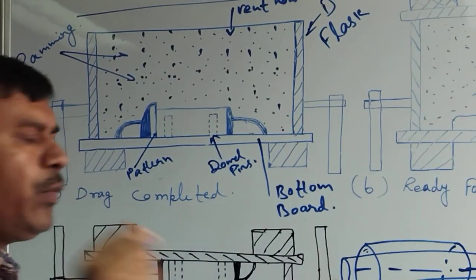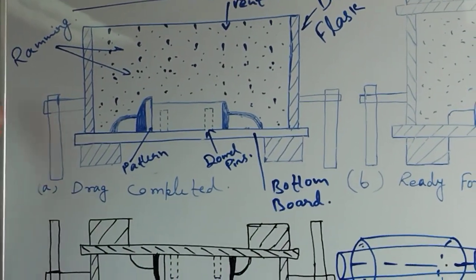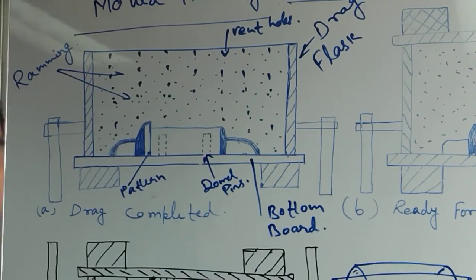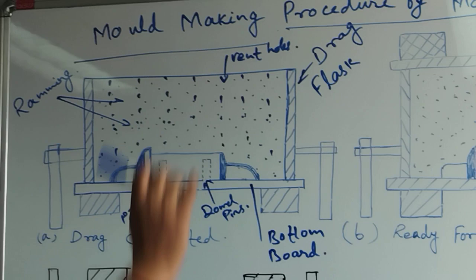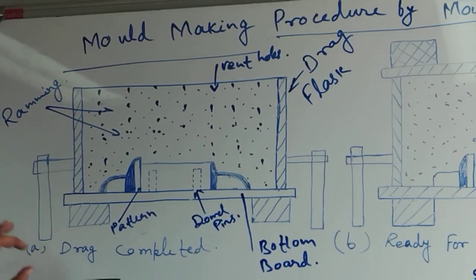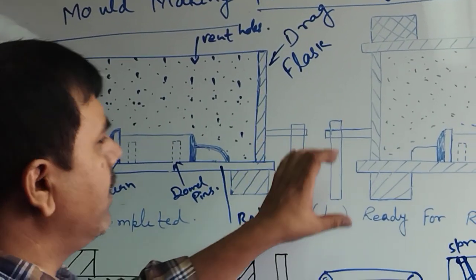When the metal is poured inside the mold cavity, it will escape the unwanted gases through the vent holes, which are made by the vent wires. Our drag is completed and ready for rollover.